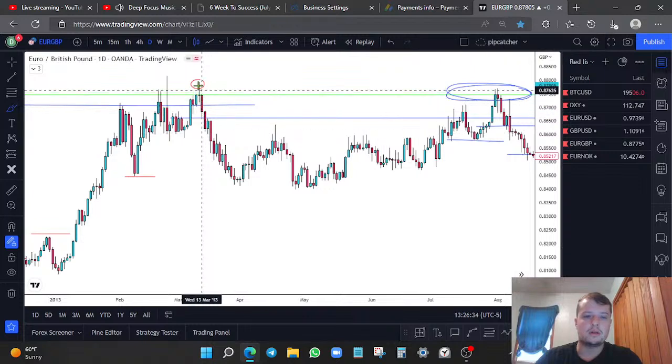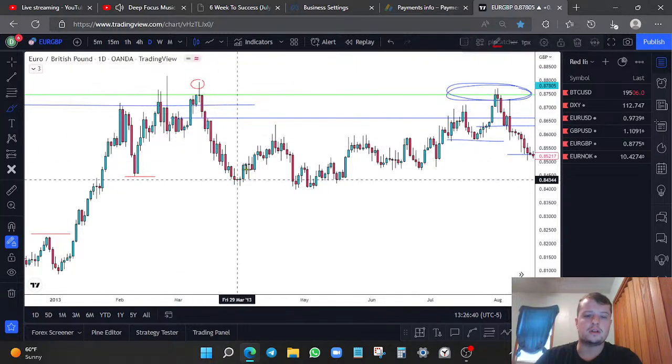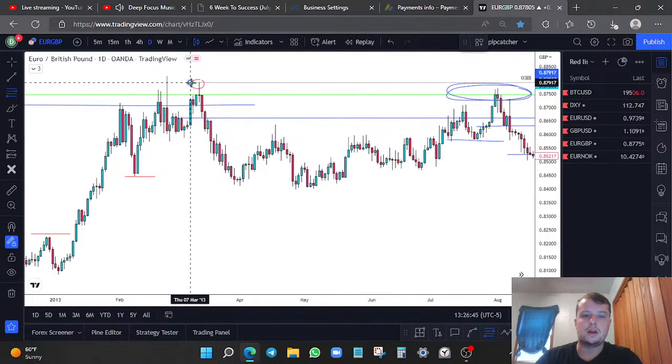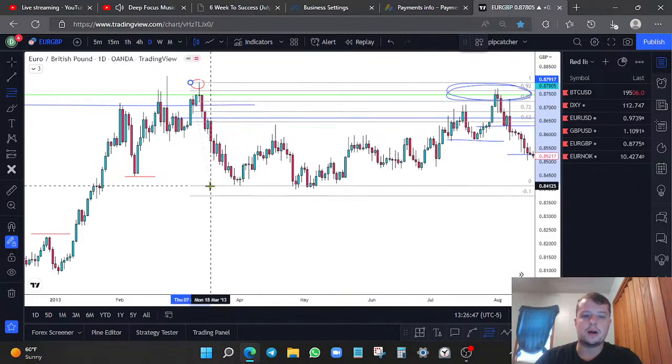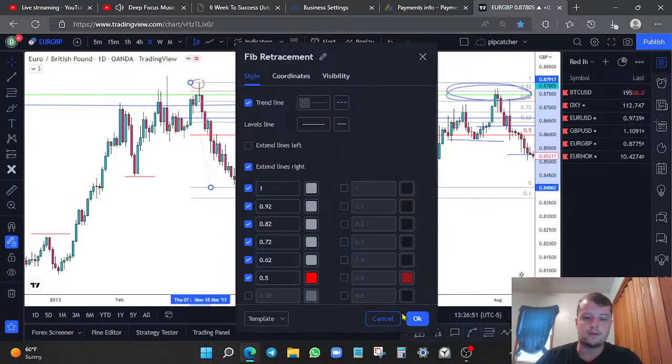From here, this rejection gave us a break of structure, right? And what does price do? So you guys can use your fibs, and you guys know about equilibrium. I'll turn that on here in a second with the 50.